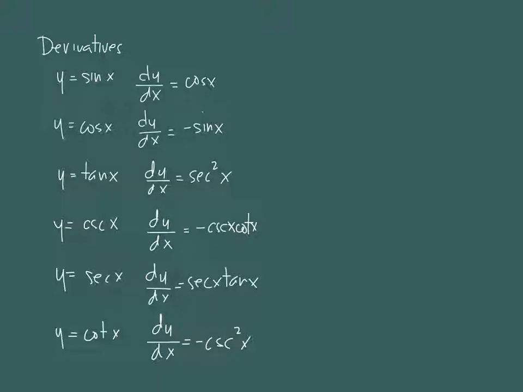Kapag cosine, kapag cosecant, kapag cotangent. Kung papagawan kayo ng rule, paano nyo hindi makakalimutan na negative siya dapat? Lahat ng C. Lahat ng C. Di ba mas matandaan?